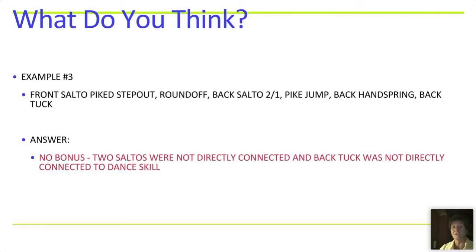Not sure I could ever see this done, but I wanted to make sure you knew that the two saltos were not directly connected, as well as the back tuck was not directly connected to the dance skill. And in order to get this 10th bonus, the two saltos prior to the dance skill have to be connected, and the A salto has to be directly connected to the dance skill.